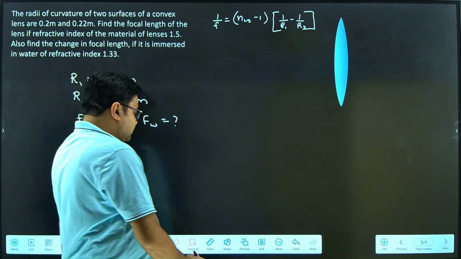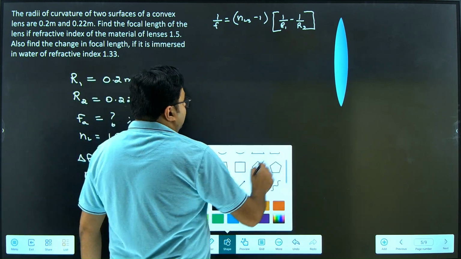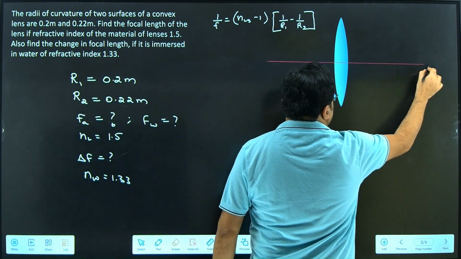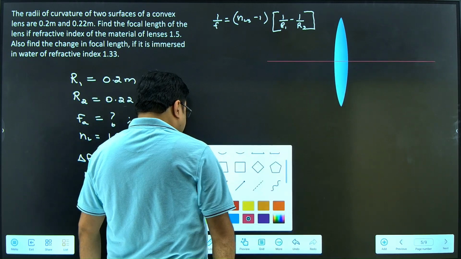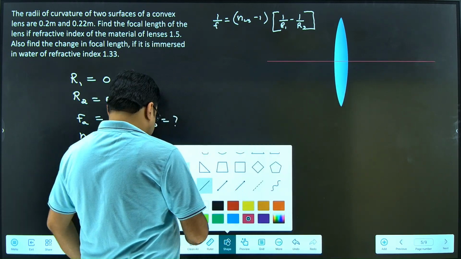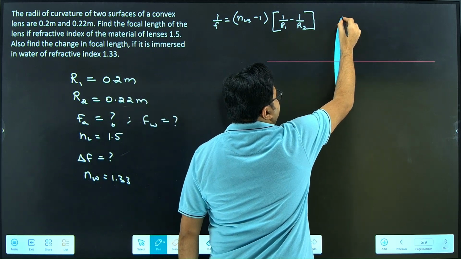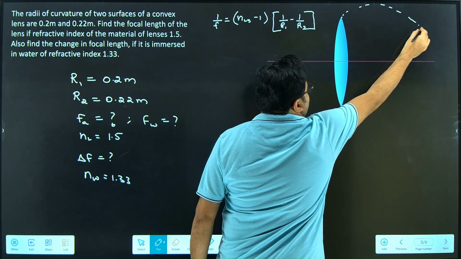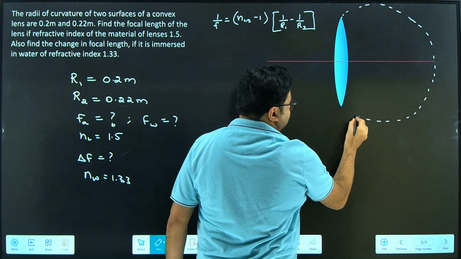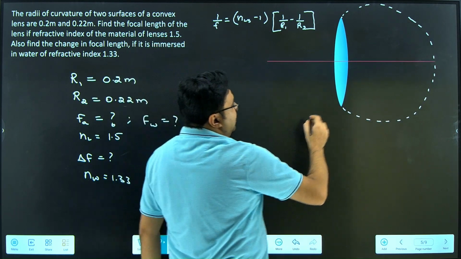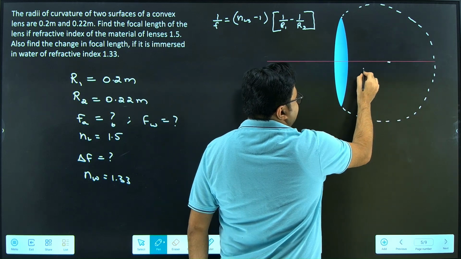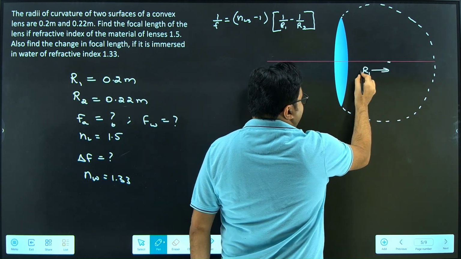What is R1? Let's try and understand the question here. So here we have a lens, and that happens to be the principal axis of the lens. The radius of curvature of this surface, which forms an imaginary sphere, has a center here, and the radius of curvature, let's say, is R1.